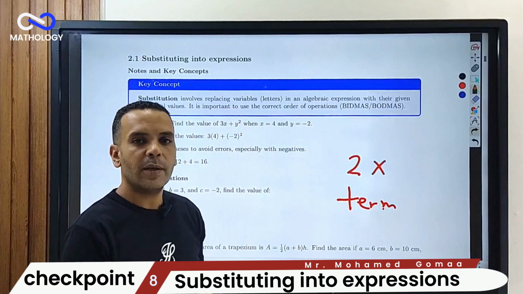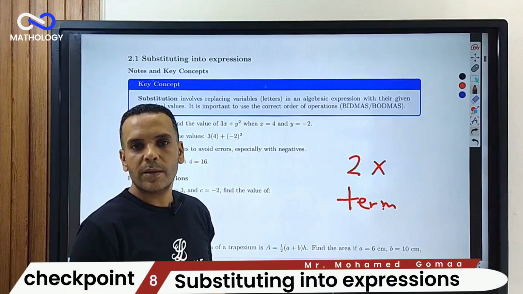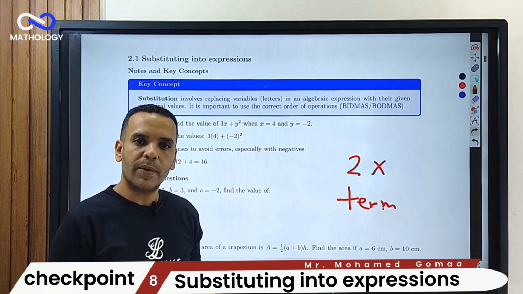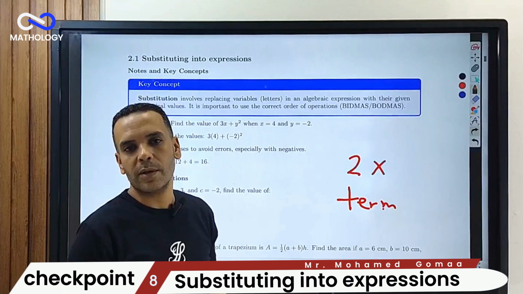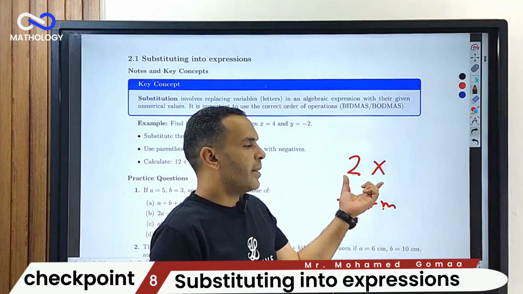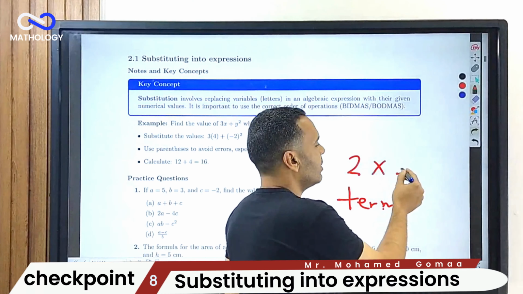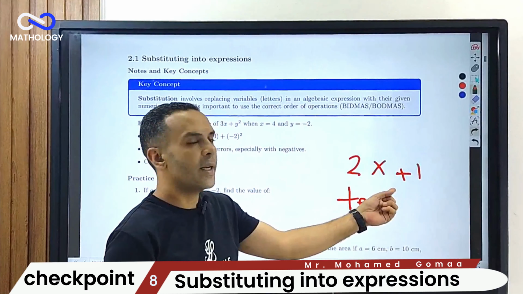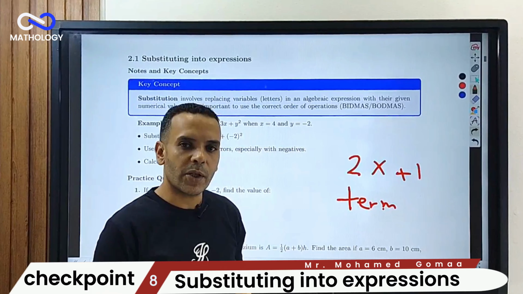Like 5y, 2x power 2, 3z, the product of two factors. One of them, a number, is called the coefficient, and the other factor is a letter, and it's called the variable. More than one term connected with plus or minus, like 2x plus 1, two terms connected with a plus sign, is called an algebraic expression.